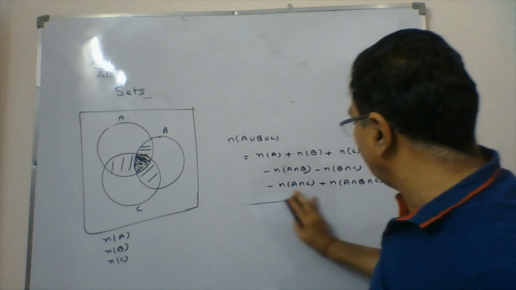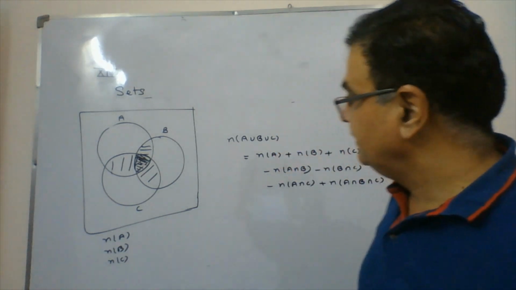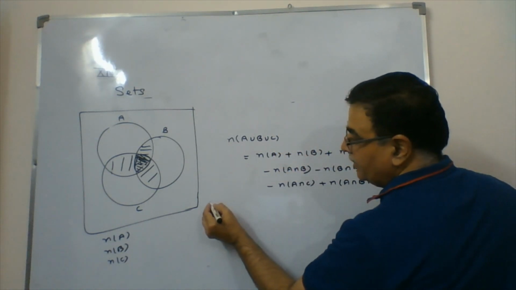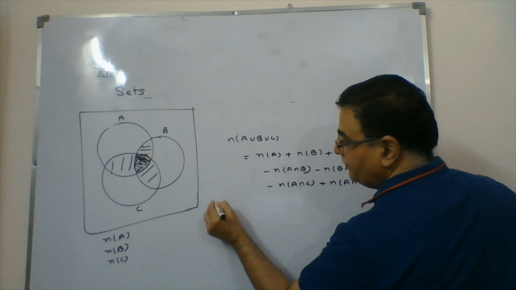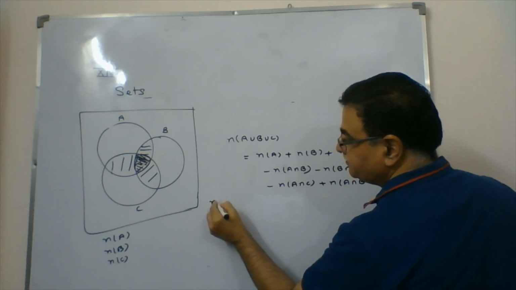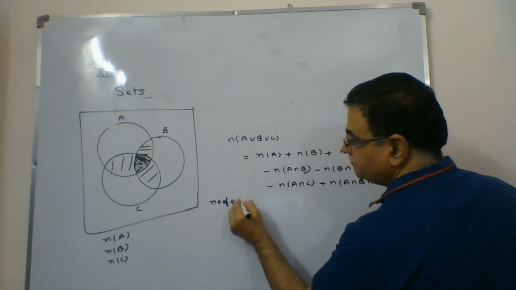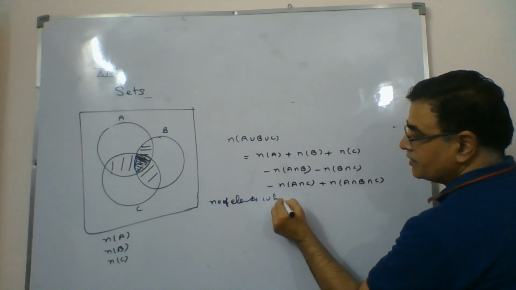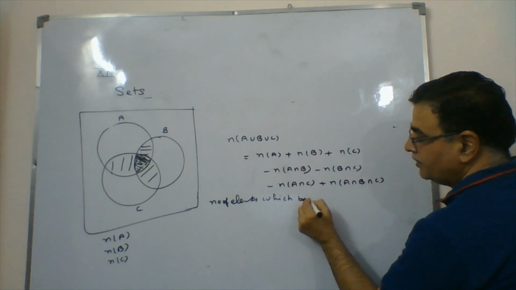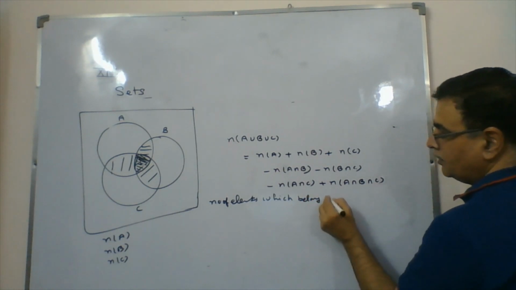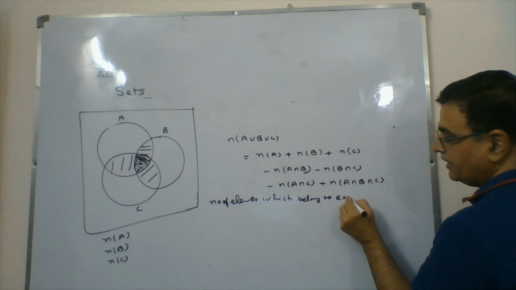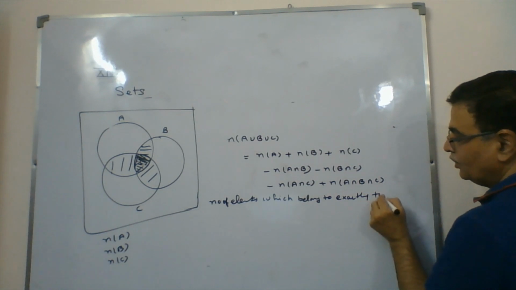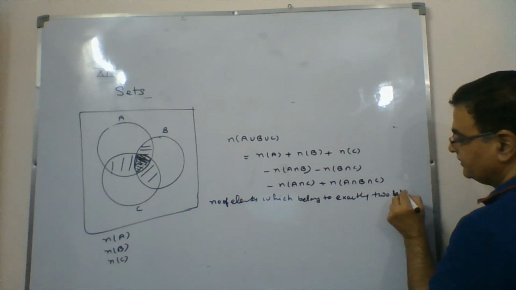Now coming to some more results here. If I say find the number of elements which belong to exactly two sets.